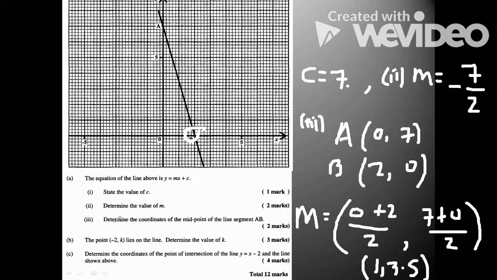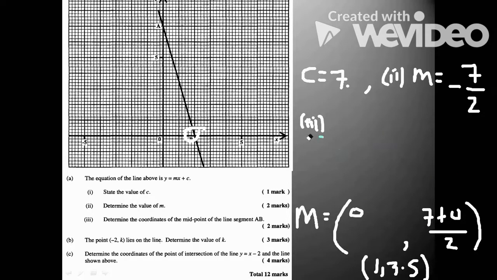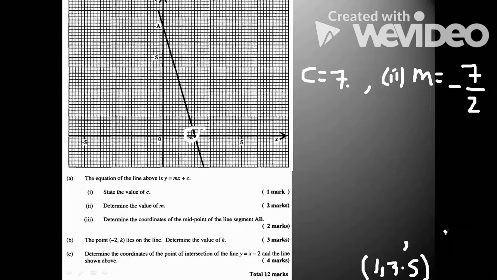All right, part B. Part B is talking about a point on a straight line, and they say it lies on the line. If this point, (-2, k), lies on that line, there are certain conditions that will hold.